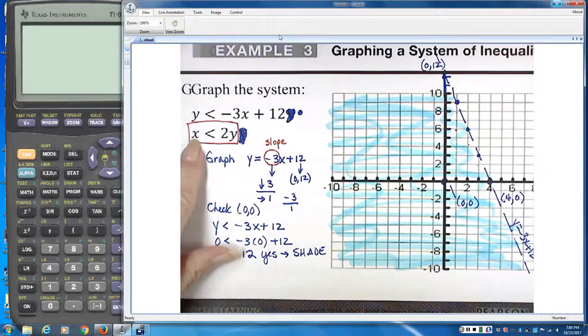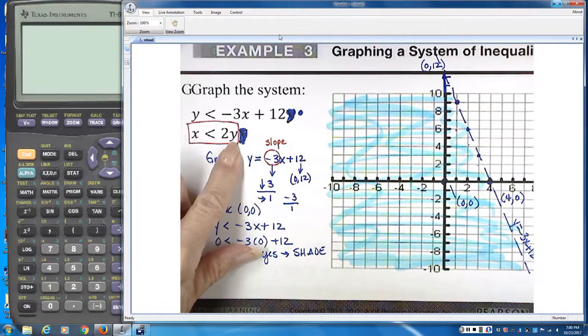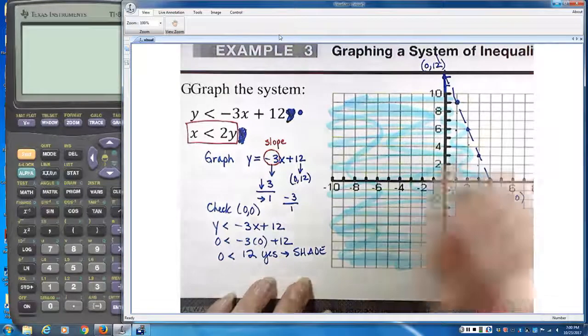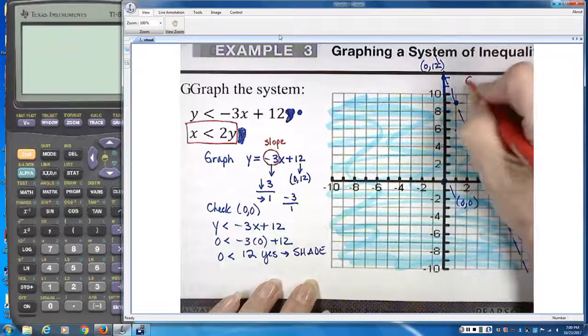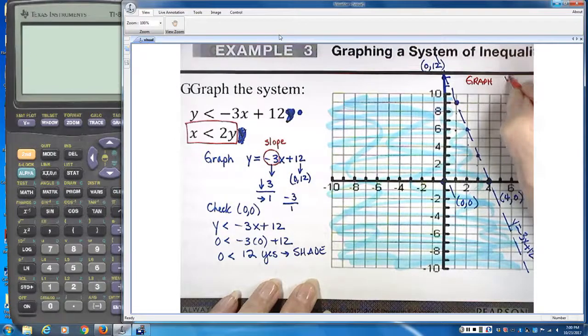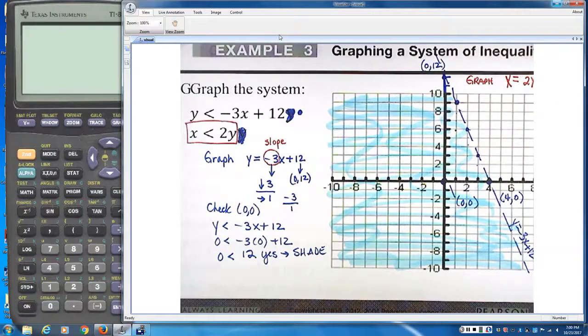Because if I let x be 0, that means y's got to be 0. And if I let y be 0, x has got to be 0. So I'm kind of in a quandary on that one. So to get my boundary, x equals 2y.